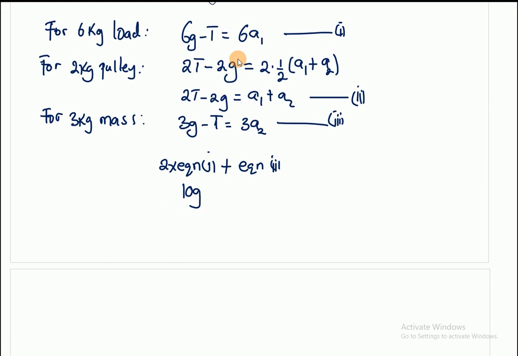Then on the right, this one is 12, because we are multiplying every term here by 2. So we have 2 times that is 12A1, and we are adding this one. So this is equal to 13A1 plus A2, because there is an A1 here. 12A1 plus this A1, that is 13A1, then this A2. We can call this one equation number 4.